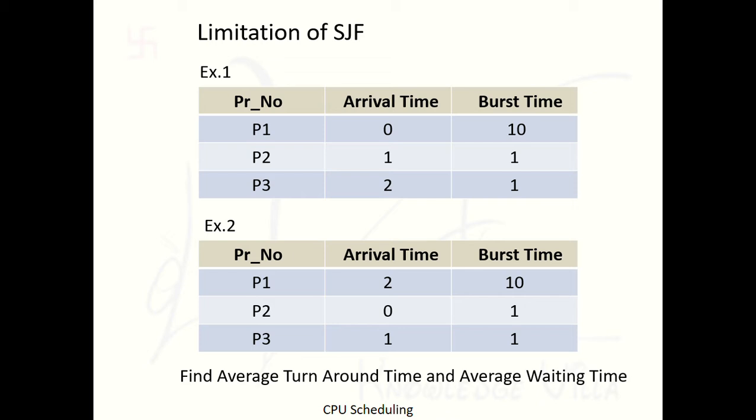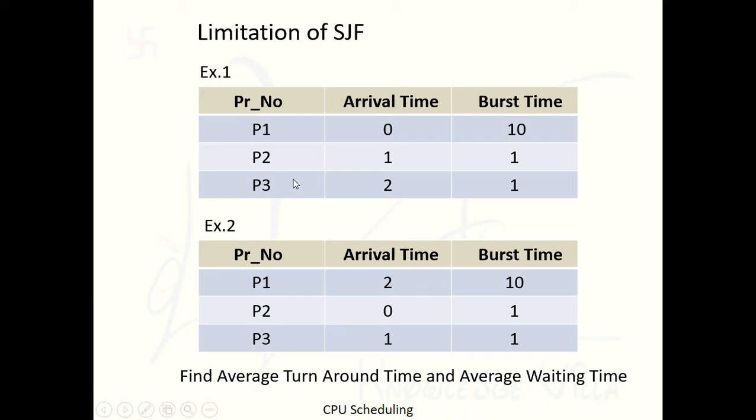So let's start calculating average turnaround time and average waiting time. First, look clearly at both examples. We have three different processes P1, P2 and P3, with two parameters, arrival time and burst time. One parameter is the same for both examples, that is burst time. The burst time of process P1 is 10 here, and the same burst time of 10 for example 2.